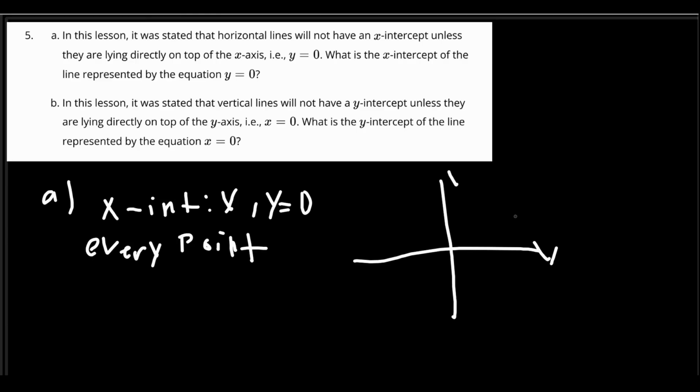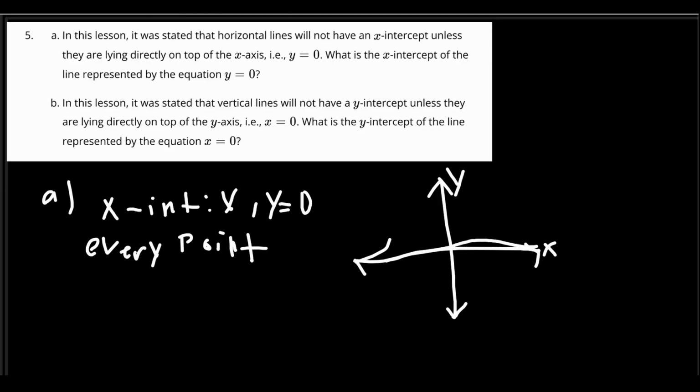Oh, wait, nope, that is completely wrong. That is inverted. Let me put different arrows over here to make it a bit better. This is the x-axis, this is the y-axis, and so the line when y is 0 is just this.